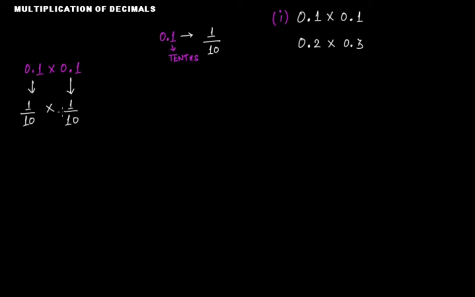Now this is multiplication of two fractions, right? So how will you perform it? We multiply the numerators together, and then we multiply the denominators together. So this is 1 over 100. What does that tell us?